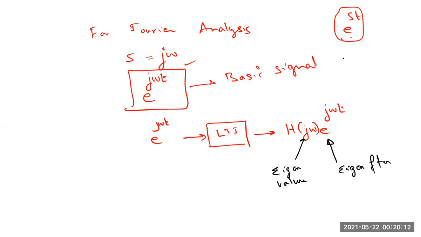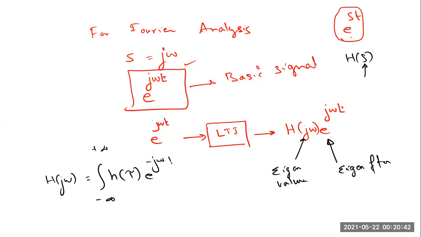We already derived the expression of H of s, and the only thing we need to do is replace s by j omega. So now if I want to calculate H of j omega, it will be equal to the integration from minus infinity to plus infinity of h of tau e raised to power minus j omega tau d tau.